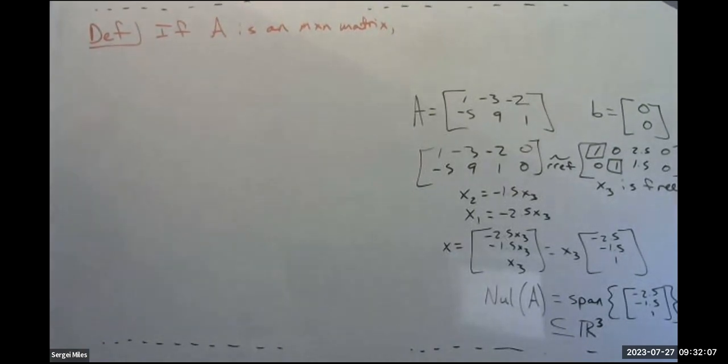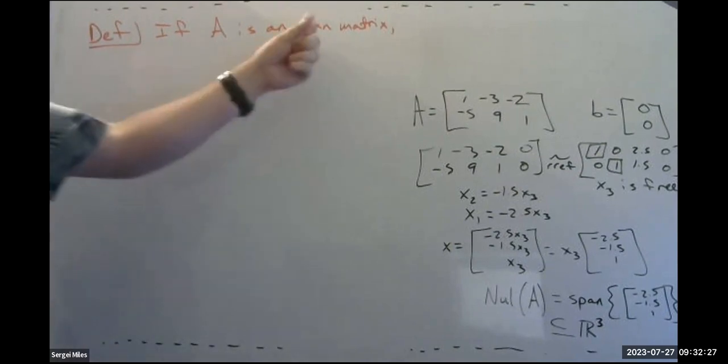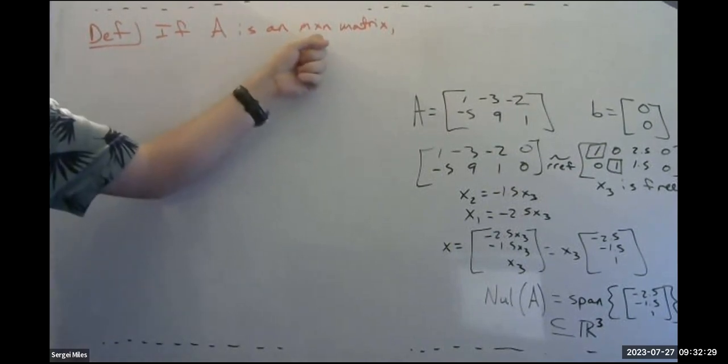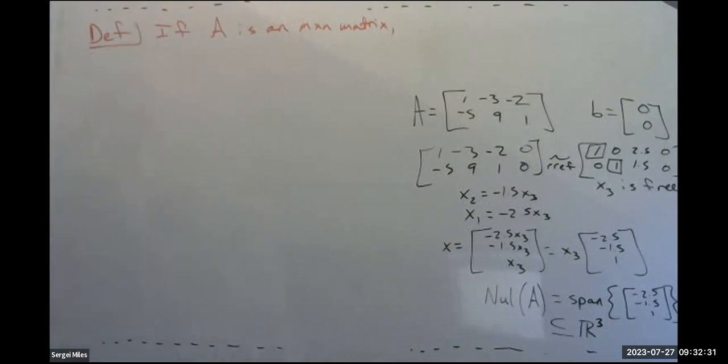In chapter 3, we only talked about square matrices because it's only for square matrices which can be invertible, right? But in chapter 4, we're not so concerned with invertibility anymore. Instead, we're just talking in more general terms about vector spaces and null spaces. We can have a null space for any size matrix because, again, the null space is just the set of solutions to the homogeneous system.